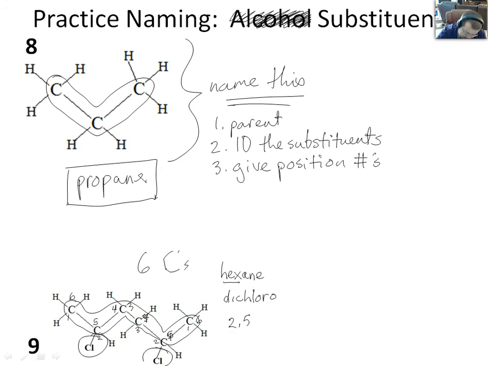In numbering from right to left, I get position numbers of 2 and 5. So it doesn't matter in this case which direction I number in, I still get the numbers 2 and 5. So really it's up to you which way that you number. So I'm going to label this as 2, 5-dichlorohexane.